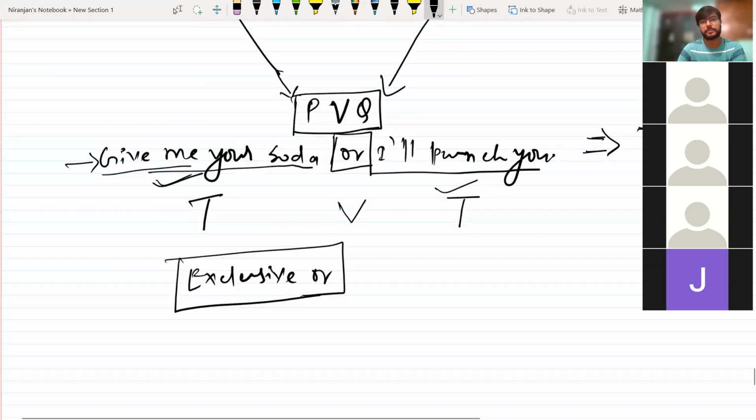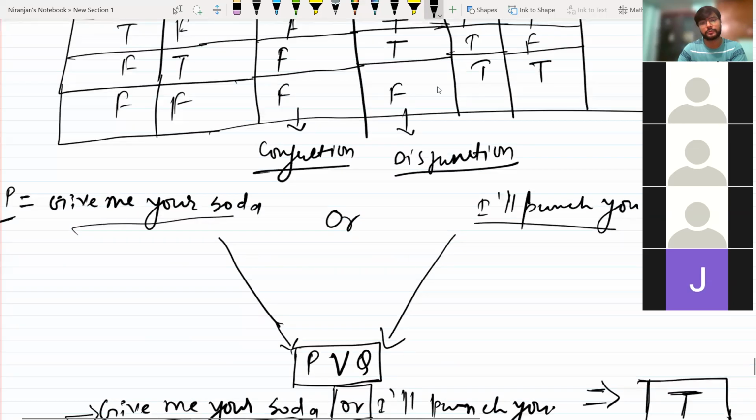So this was one example of how you form a statement from statement variables. You give a statement variable name to your statement, and you then combine with the operation that is required. There could be another possibility that you take negation of P and negation of Q and then write in the form of an operation.